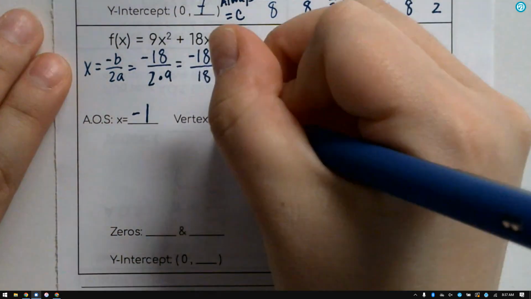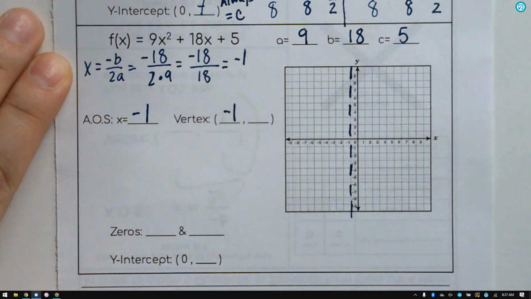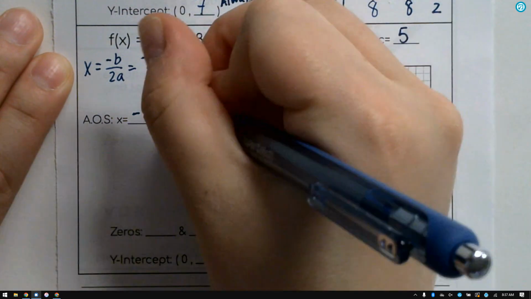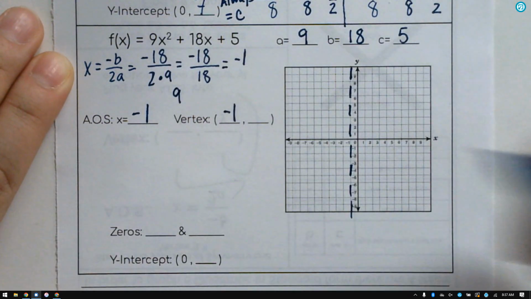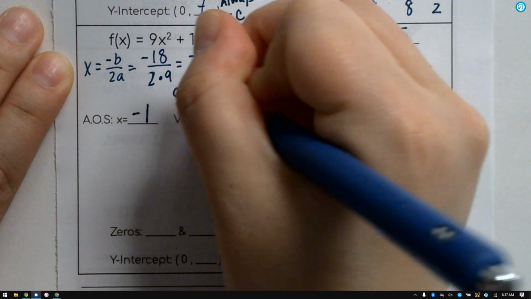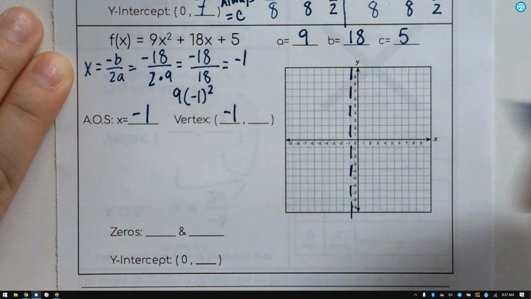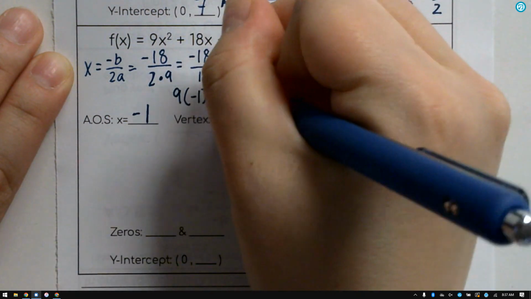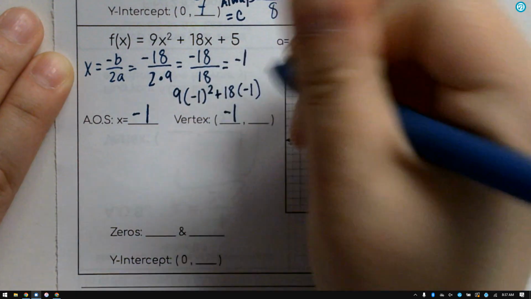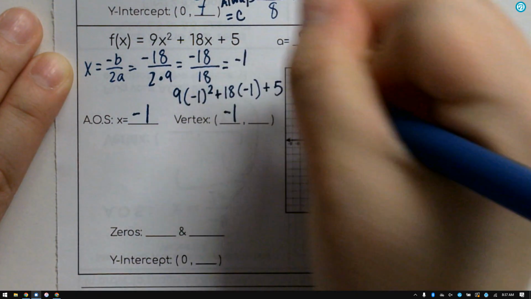That is the x of my vertex, and I can go ahead and plug it in. So it's going to be 9 times negative 1 squared plus 18 times negative 1 plus 5.